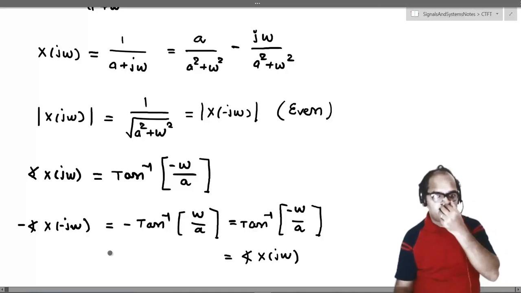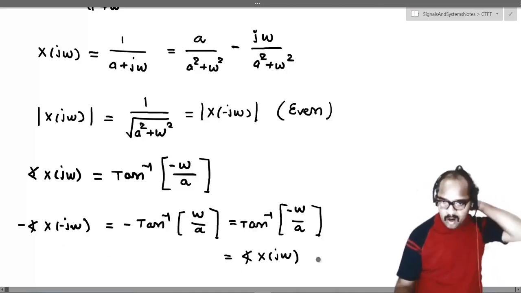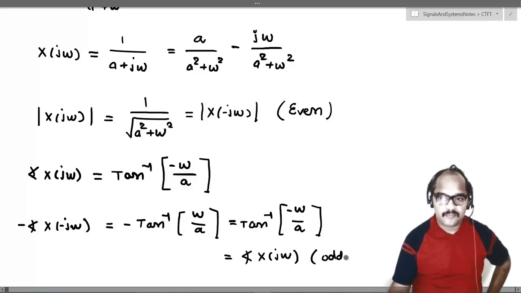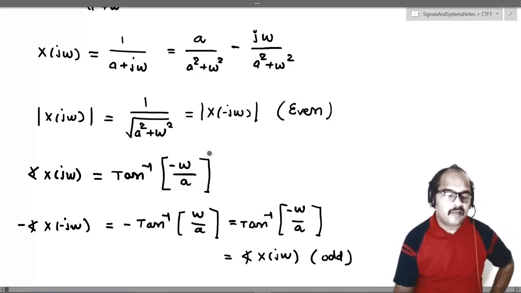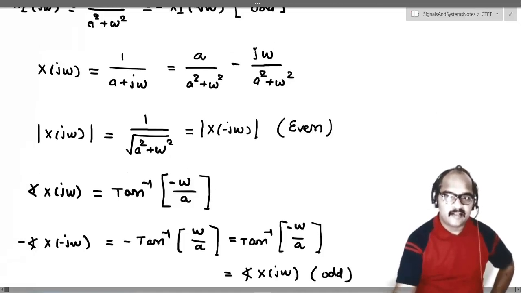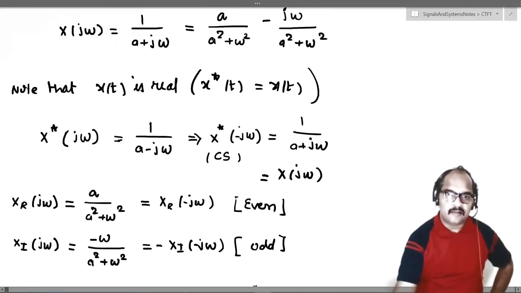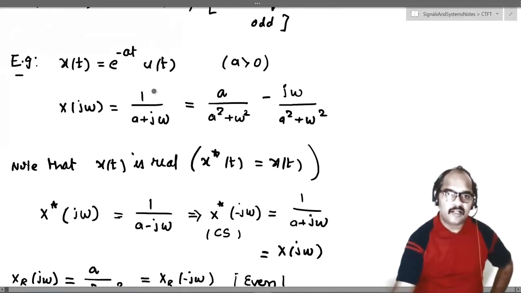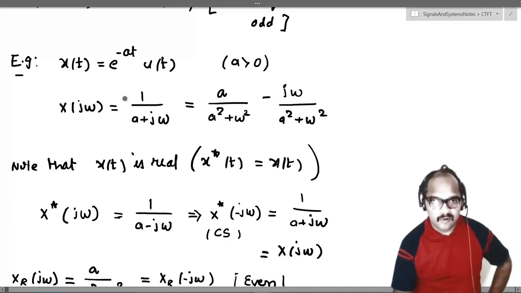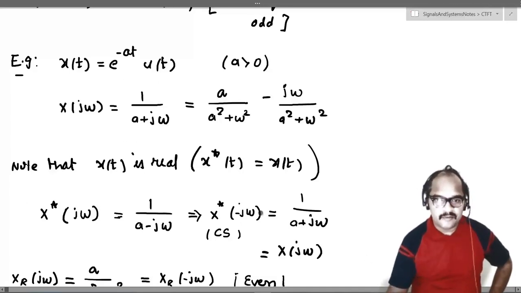So what have we seen? We have seen that the angle of x of j omega is odd. Till now, for the given example, we are checking whether it satisfies all the properties or not. So clearly it is satisfying, right? We took x of t to be e power minus at u of t, which is a real signal, and hence the Fourier transform should satisfy the conjugate symmetry property that we have seen.